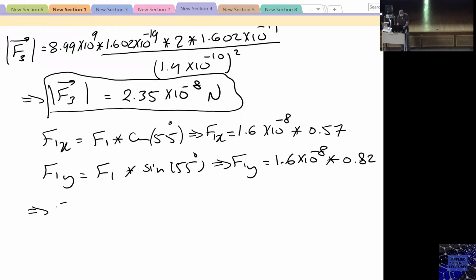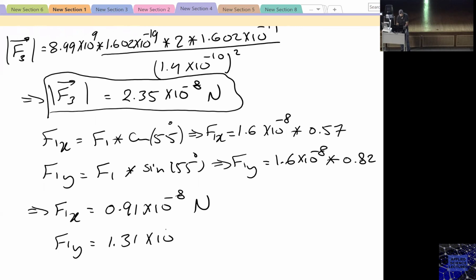Then F1x is 0.91 times 10 to the power minus 8 Newton. F1y is 0.82 times 1.6, which is 1.31 times 10 to the power minus 8 Newton.